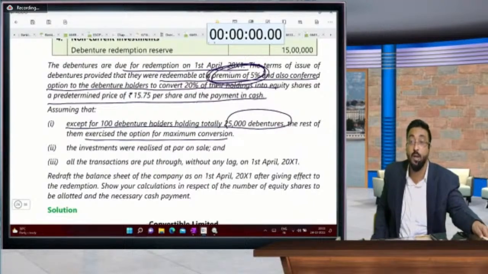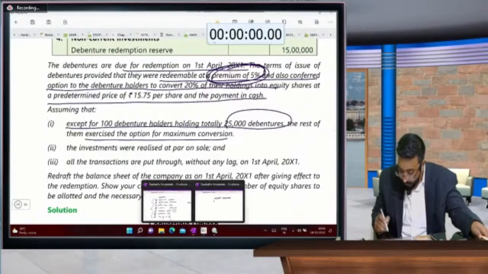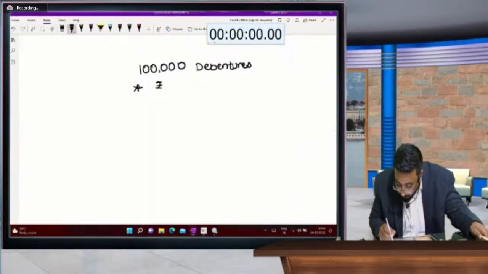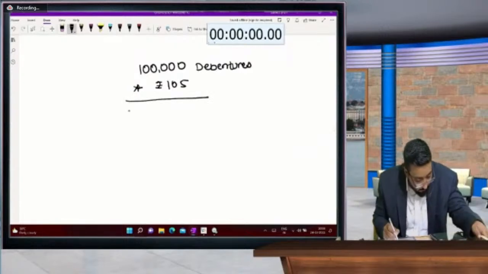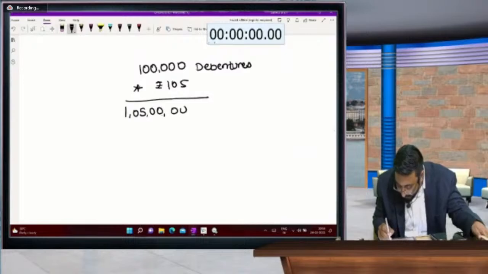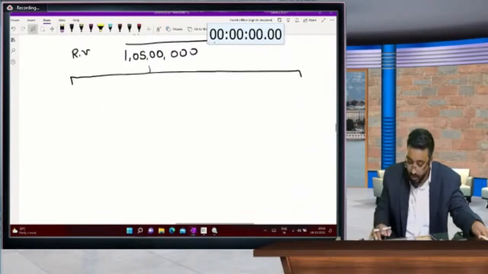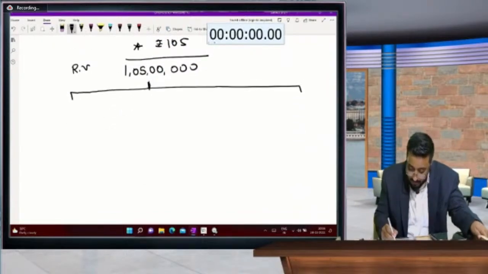The debenture is 100 rupees, but you are giving back 105. So 1 lakh into 105 is 1 crore 5 lakhs. It's the redemption value.